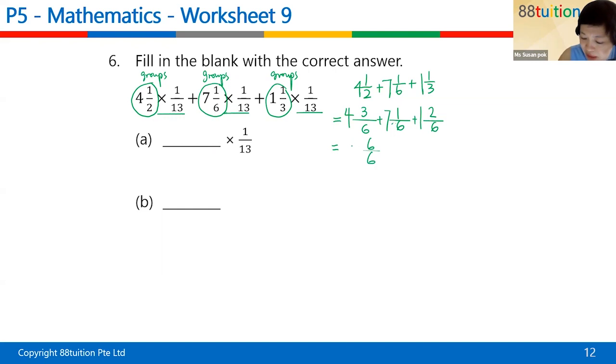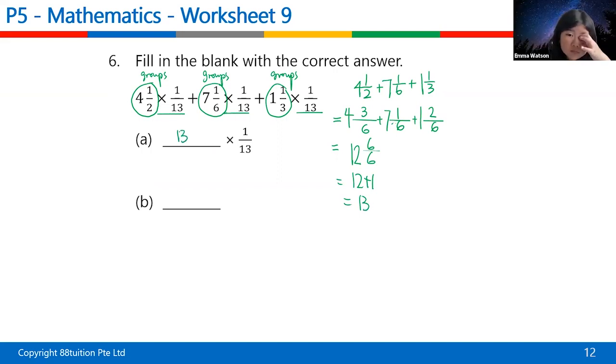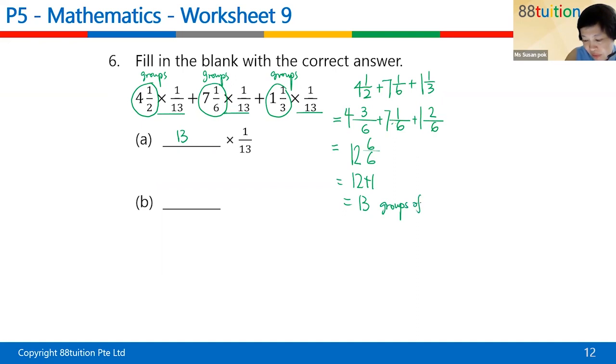And my whole number turns out to be 12. So I have 12 plus 1 whole. That gives me 13. So I have 13 groups, right? In total, I have 13 groups of 1/13.